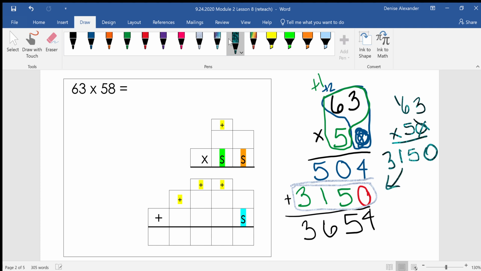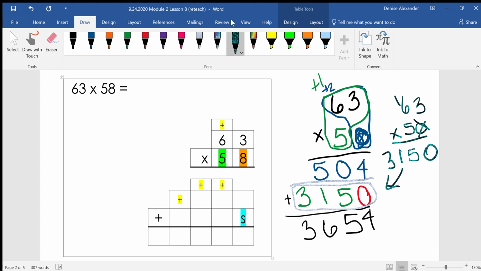Okay? So now, what I want to do is show you on this form. If you notice, I had to draw everything out and make sure it lined up. So I'm going to put my 6 here, my 3 here. I'm going to create my 5 here and my 8 here.